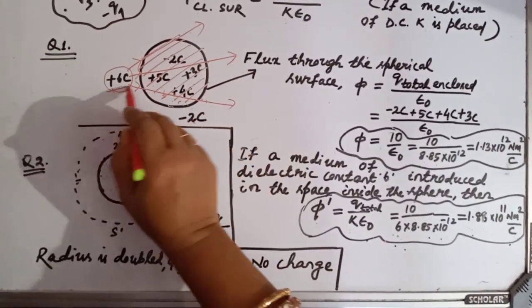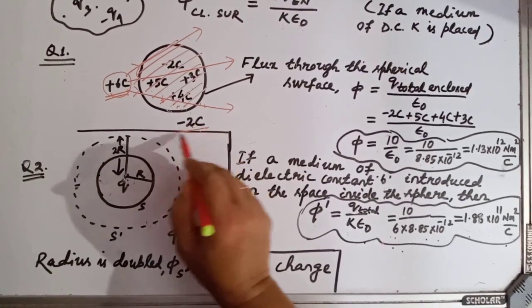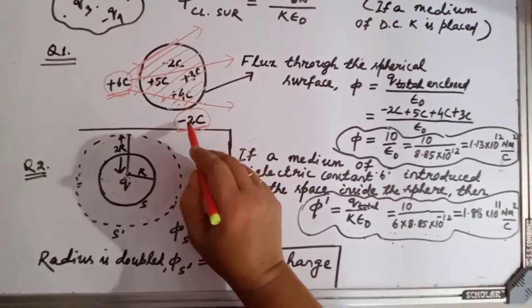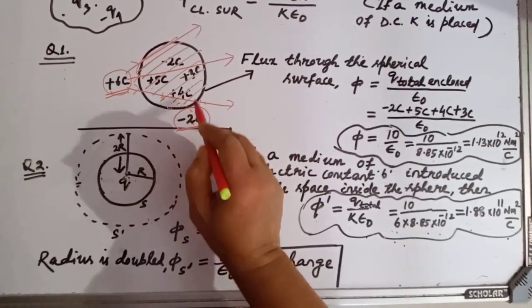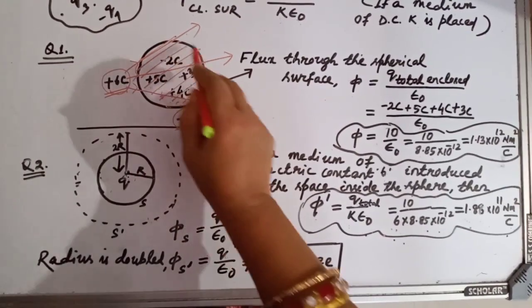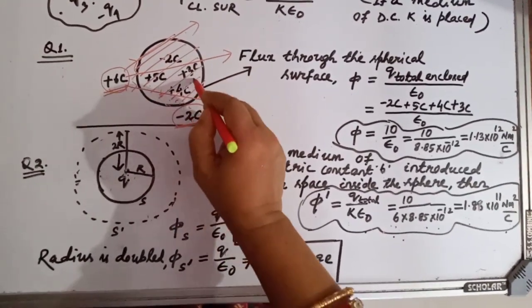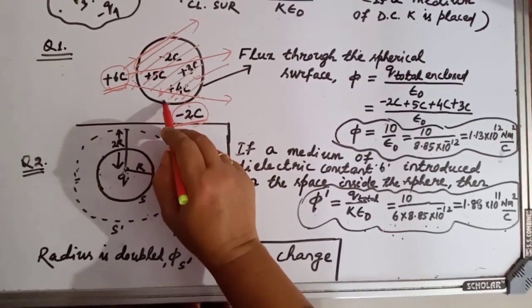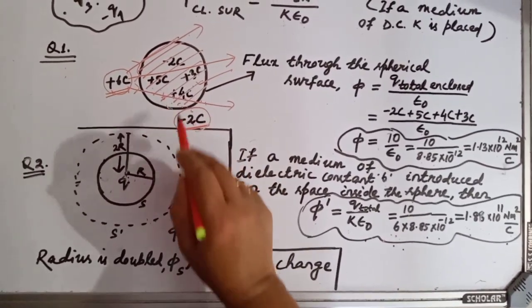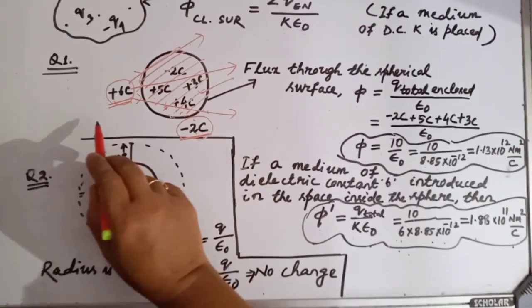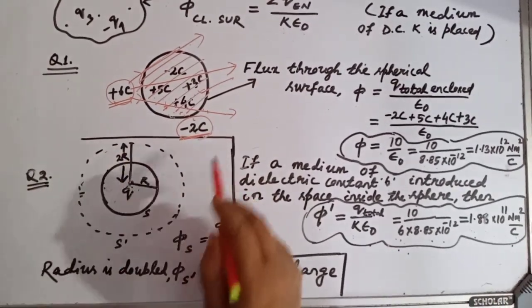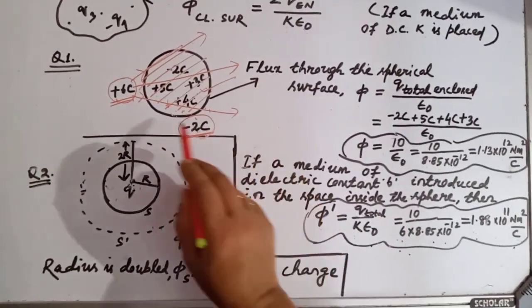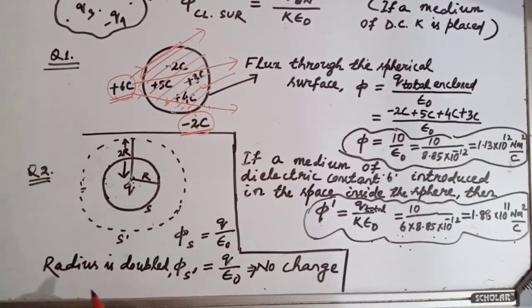That's why this plus 6 coulomb, or you can say this minus 2 coulomb, has no contribution to the net flux passing through the closed surface. We only have to consider the charges enclosed by the closed surface. That's all about question number 1, how to find electric flux due to a charge distribution.